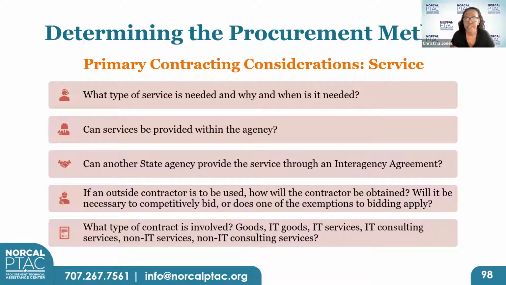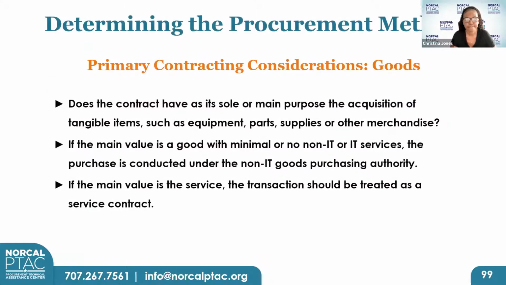IT has some special rules involved around that, or IT goods versus non-IT goods. So what exactly is it that they are trying to procure? These are some of the initial thoughts that they consider for service items when determining the procurement method. Next slide, please.